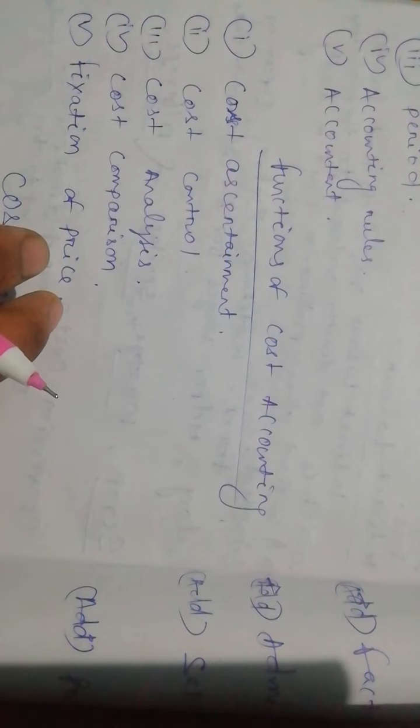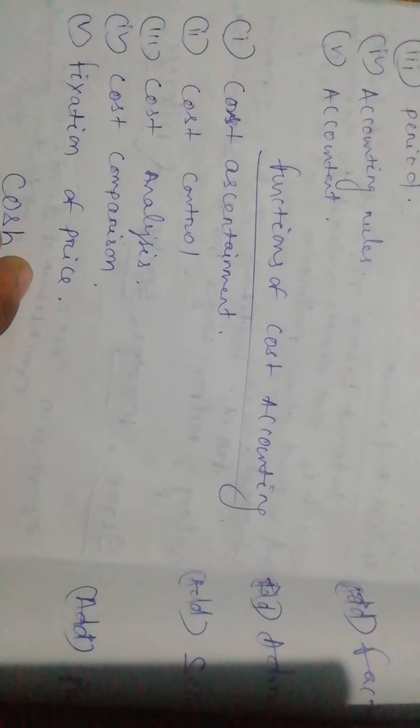It will directly impact the cost structure, and ultimately profit will be higher. Understood my point? Basically, present cost is compared with past cost, so that the drawbacks you have had in past cost are rectified in present cost. Ultimately profit will be higher.